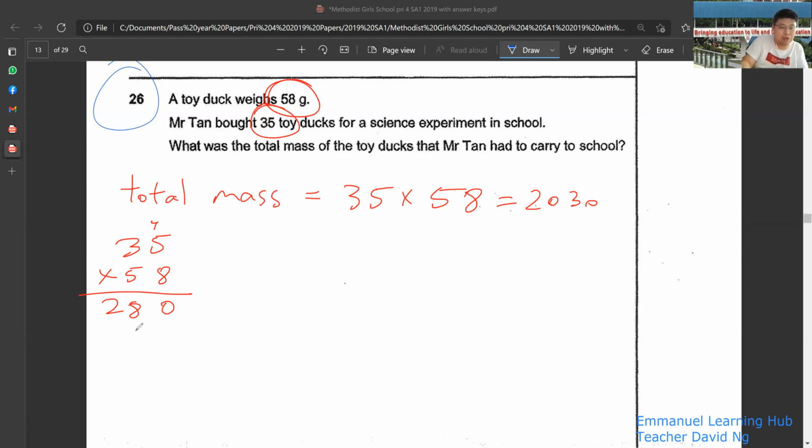Then 5 times 5 is 25. 3 times 5 equals 15. Then you need to plus the 2, 17. Yes, that's how you get 2030.